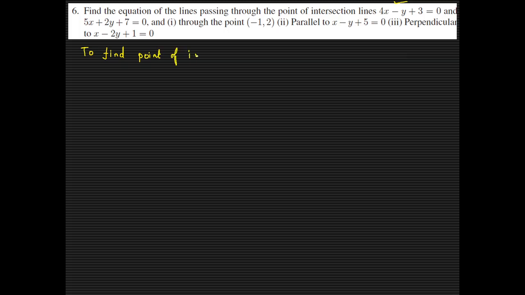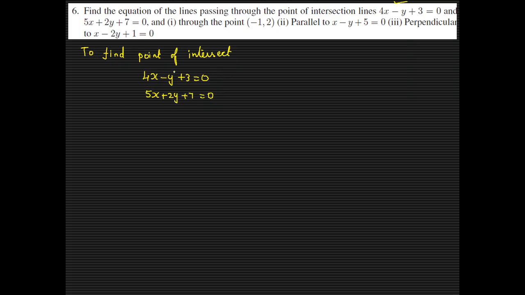For that we are considering 4x minus y plus 3 equal to 0 and 5x plus 2y plus 7 equal to 0. So we need to solve these two equations.